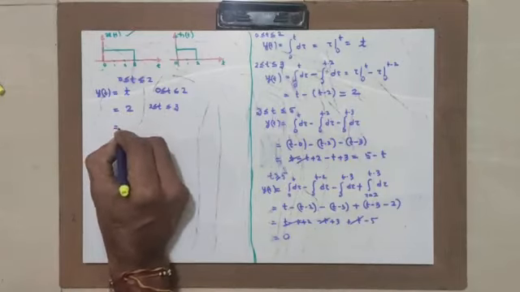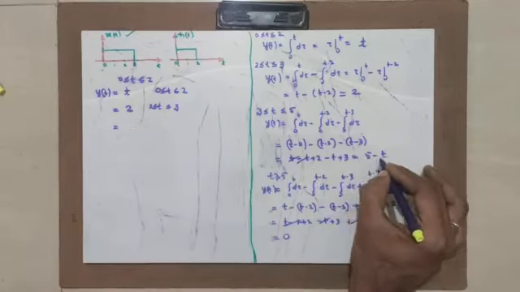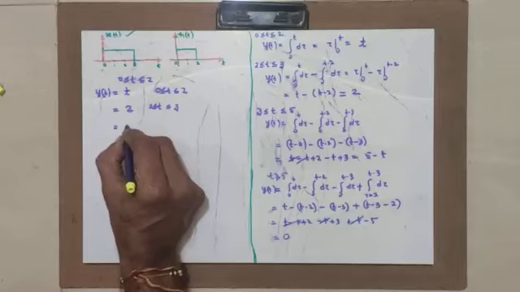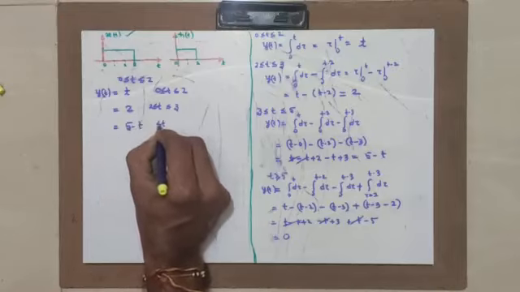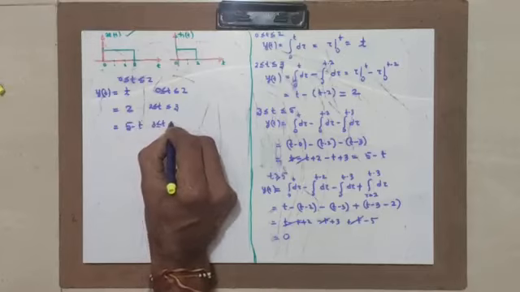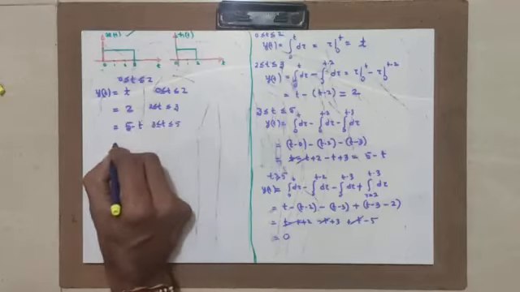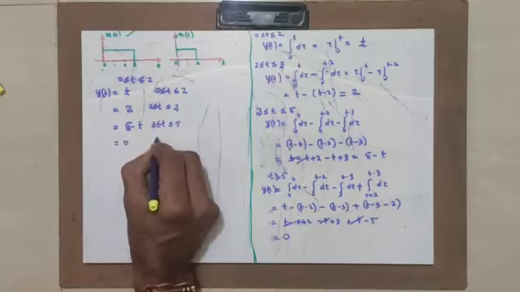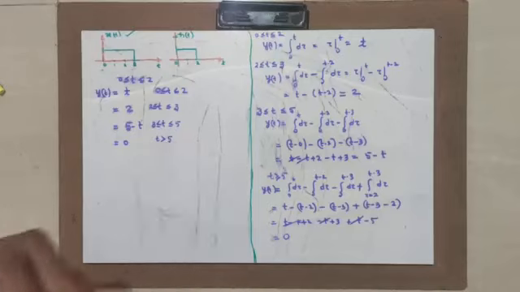Now it is equal to 5u minus t for t greater than or equal to 3, less than or equal to 5. It is equal to 0 for t greater than 5.